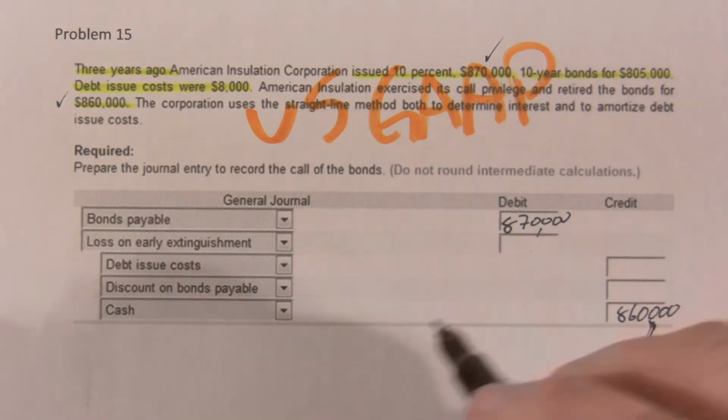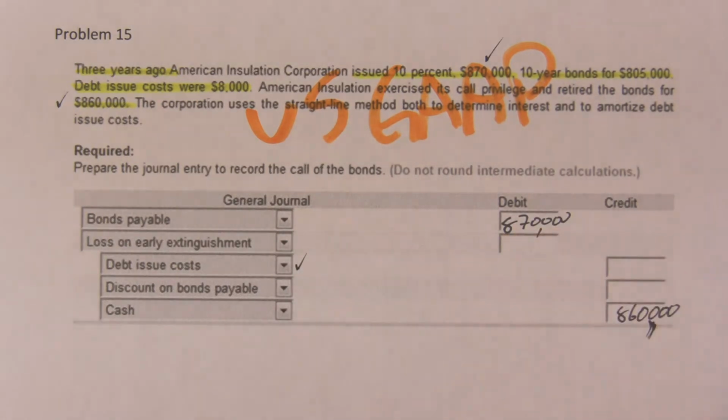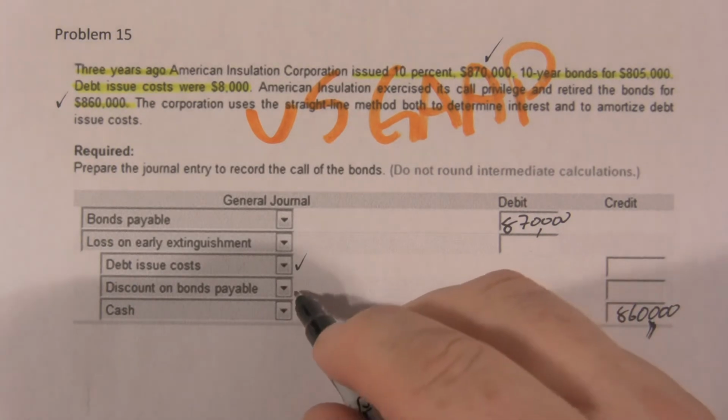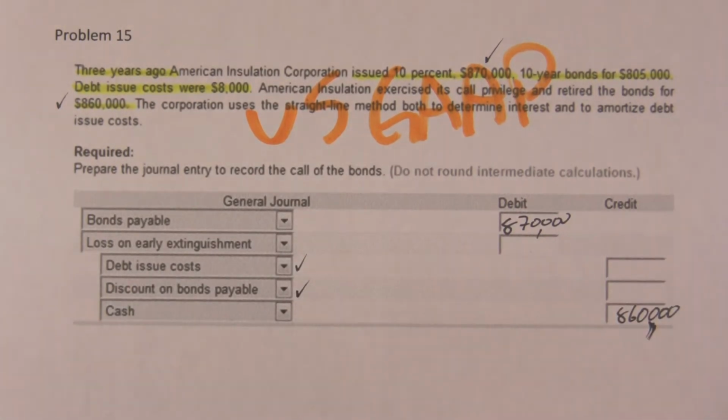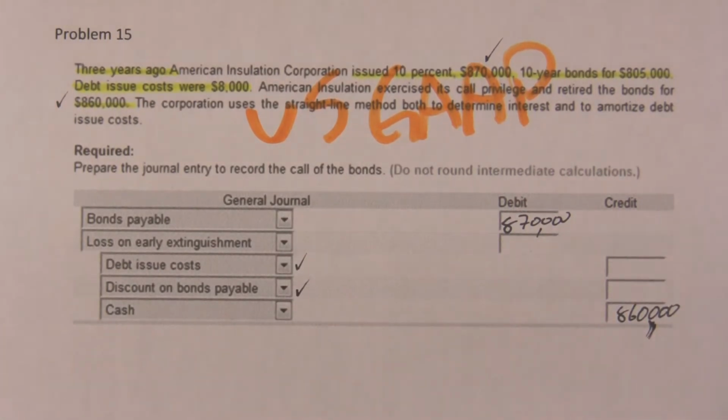We do know that we're also getting rid of our debt issue cost and our discount, or some of that. And what I need you to figure out here is how much of these bond costs were left or how much we used.